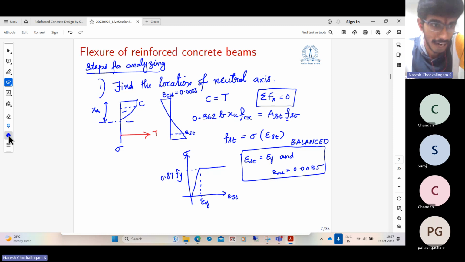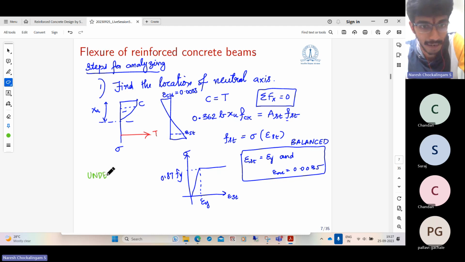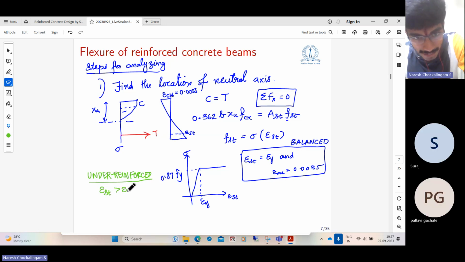We also have what is called an under reinforced section, and all our beams must be under reinforced unless we have, say, doubly reinforced sections or something. When do we call a section under reinforced? When the strain in steel has exceeded the yield strain of steel, but the strain in concrete has reached 0.0035.